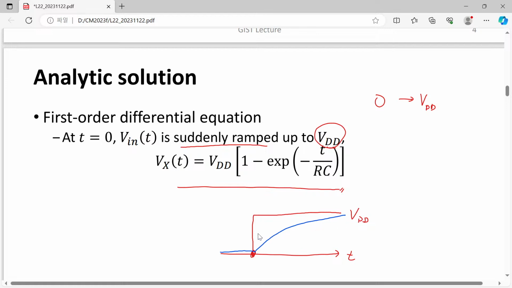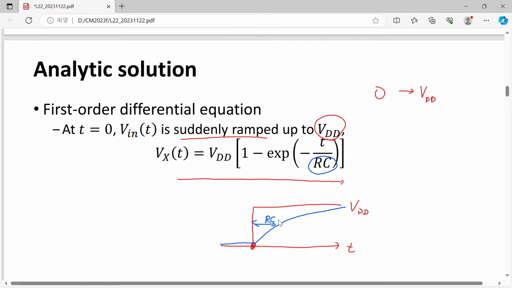There is the relaxation time RC, and within a few RC time constants this transient effect will diminish and we are quite close to VDD. Are you with me? I assume everybody can understand this quite easily.